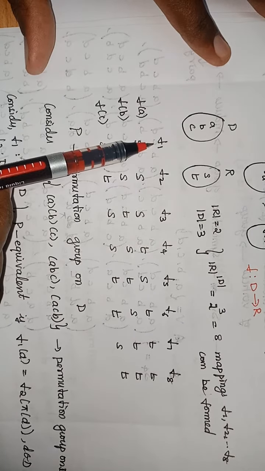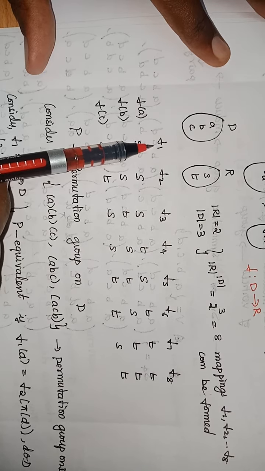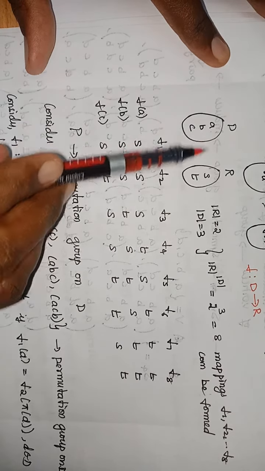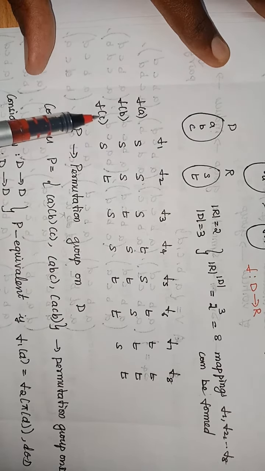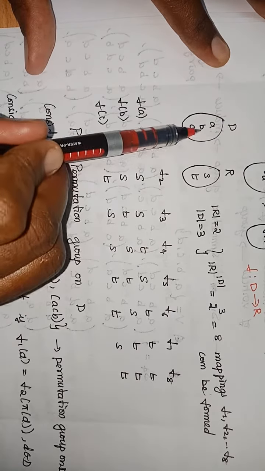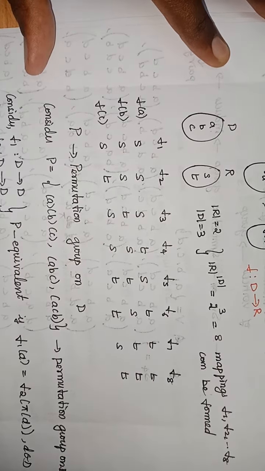F1 is a mapping that maps A to S, B to S, C to S. All the 3 elements map to S. That is one type of mapping.